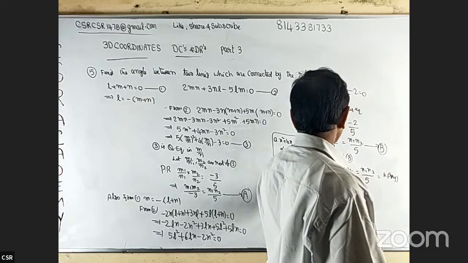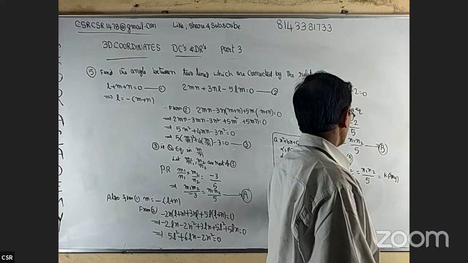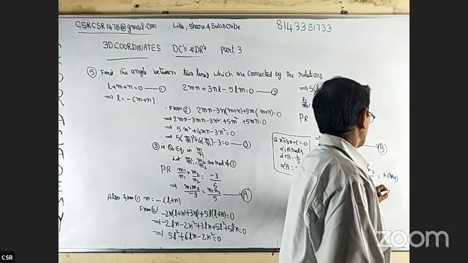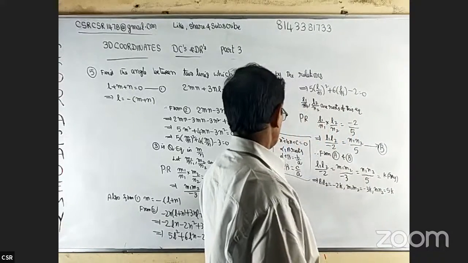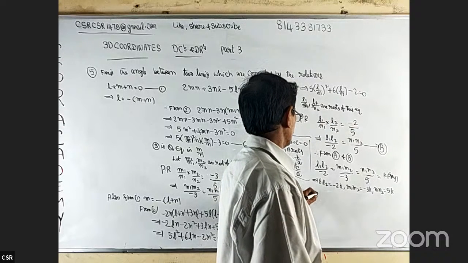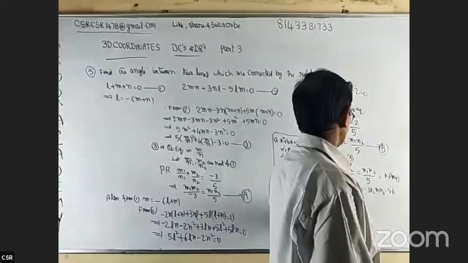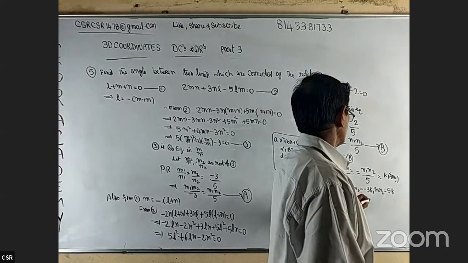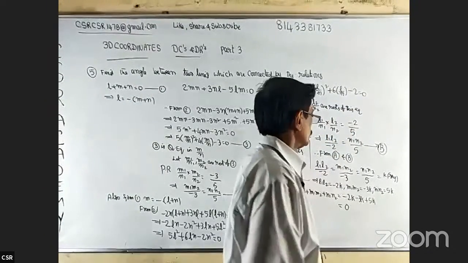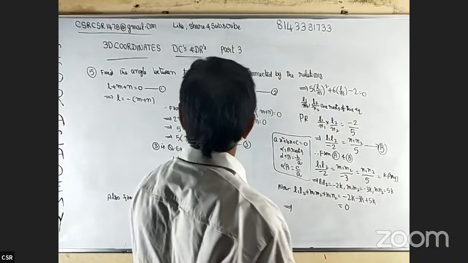So l1 l2 is minus 2k, m1 m2 is minus 3k, and n1 n2 is 5k. Now l1 l2 plus m1 m2 plus n1 n2 is equal to minus 2k minus 3k plus 5k, which is 0.